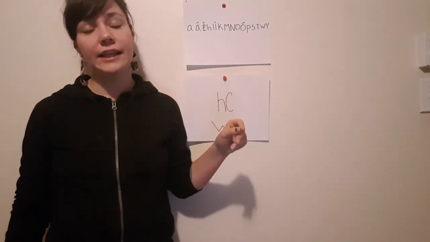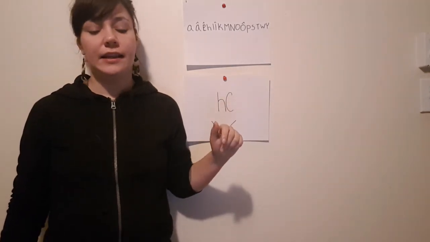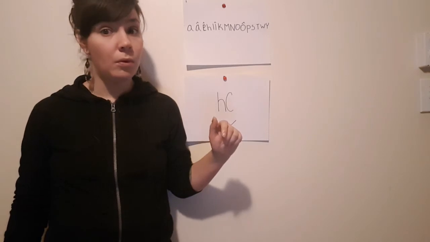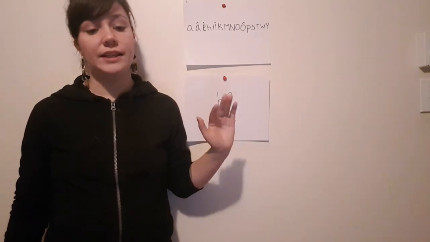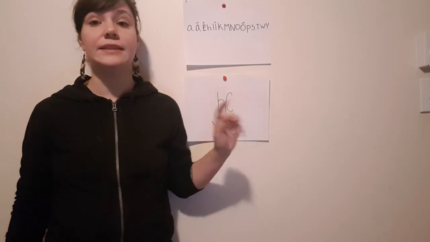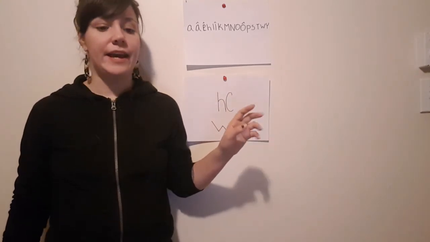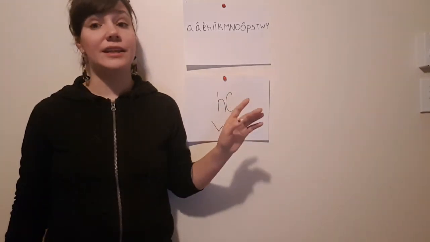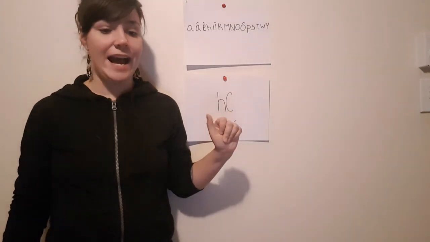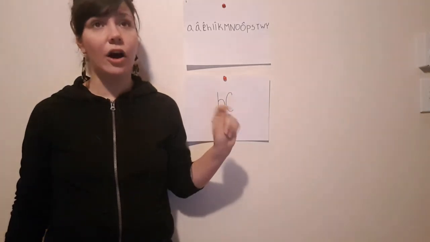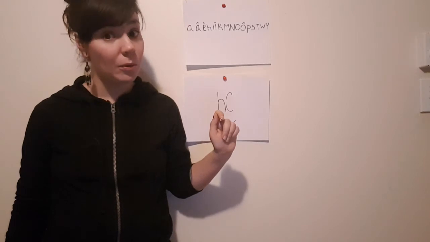Long E is then pronounced like AO. So when you see a long EW, it's AO. And IW is pronounced U. Long I is pronounced EO.